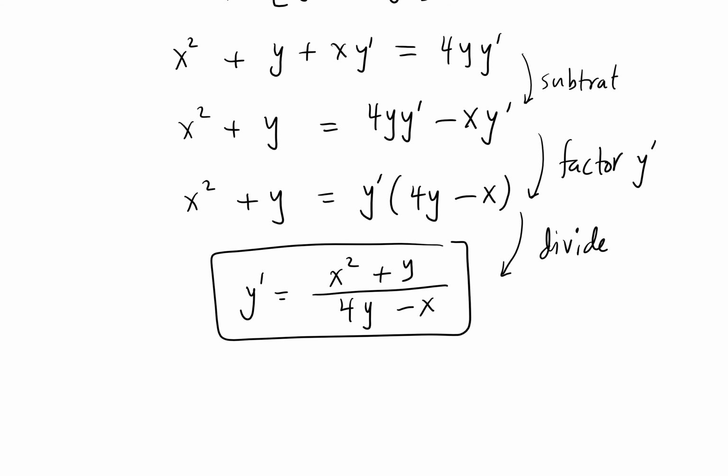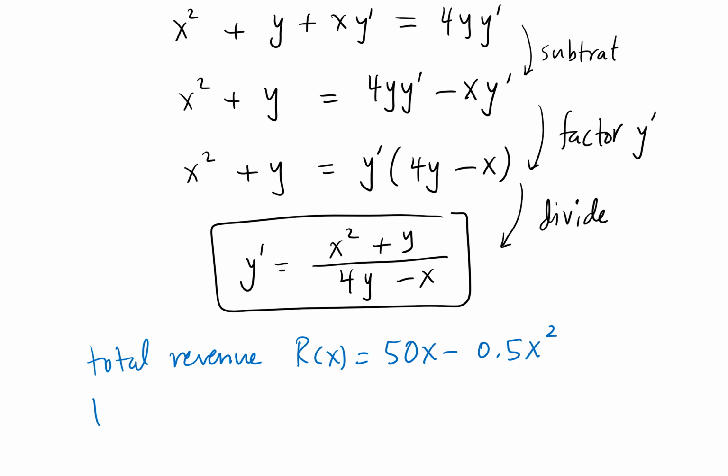To apply this to more of a business setting, let's say we're given the total revenue function R of x as 50x minus 0.5x squared. And we are given the total cost function C of x equals 4x plus 10.